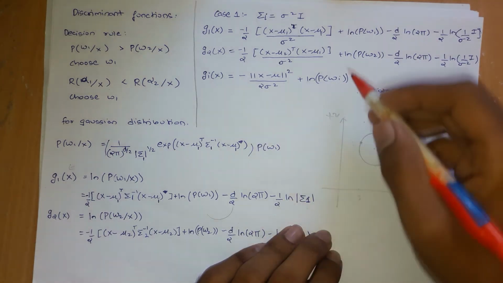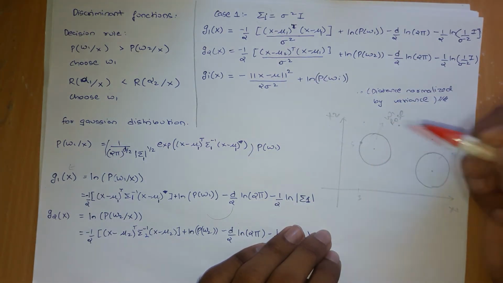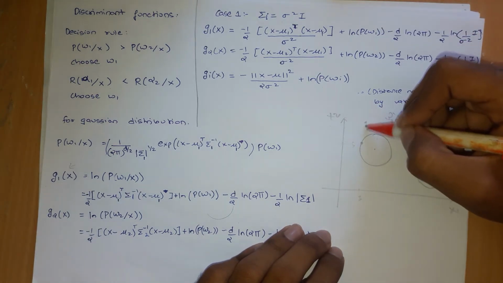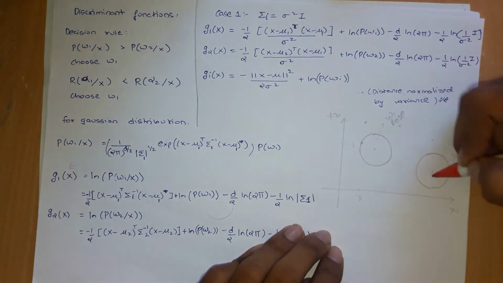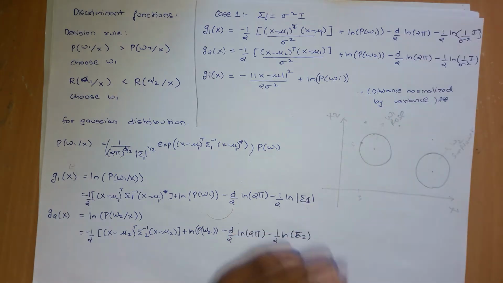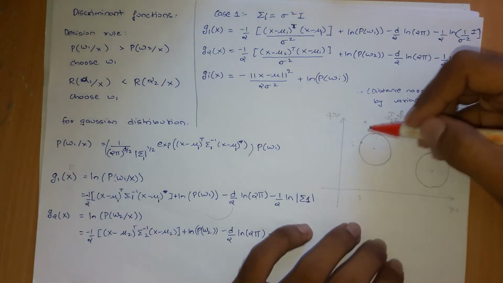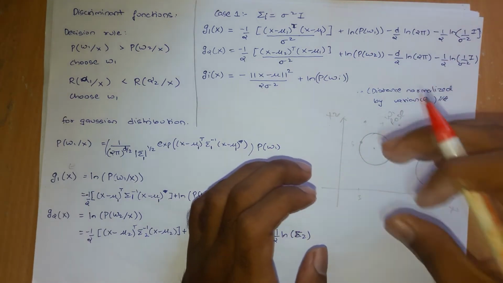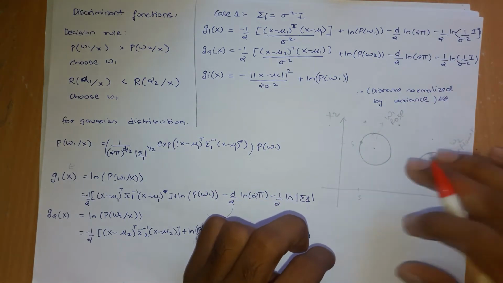So what this tells you is that for any point in the space, you just calculate the distance, and whichever is the minimum distance, you assign that particular class. So we are going to further elaborate this in the k-means algorithm.